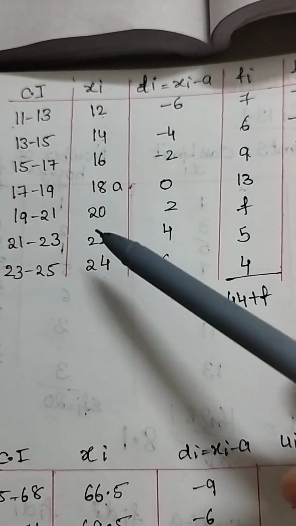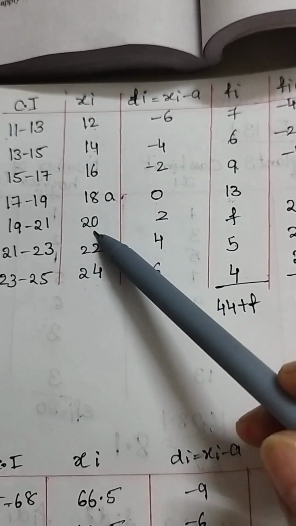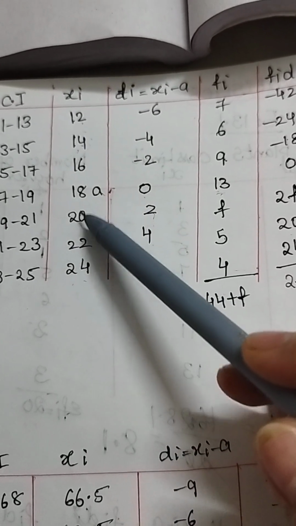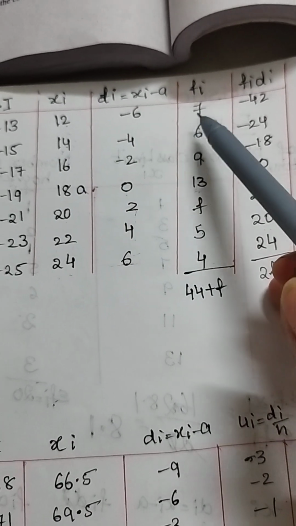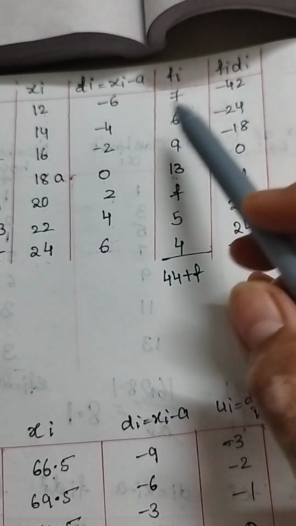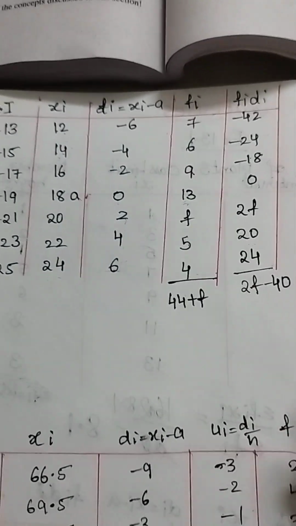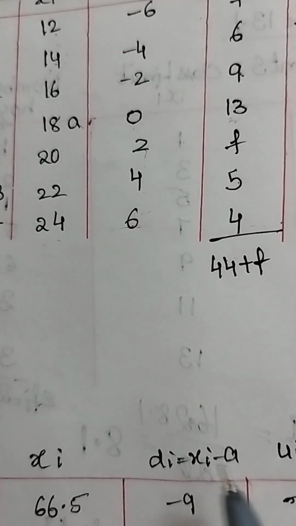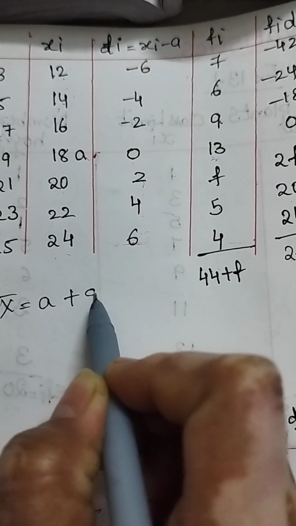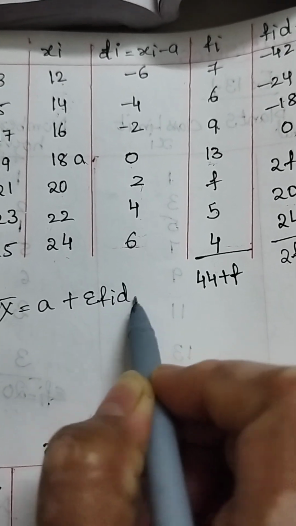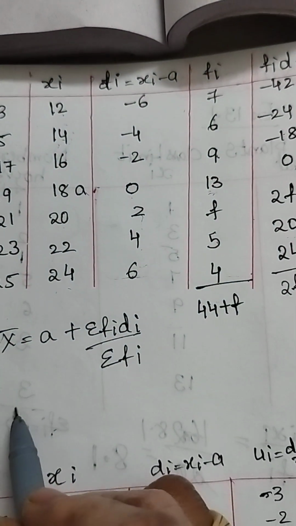Next, deviation. I took A as 18. Take deviation. This is 0. 20 minus 18 is 2. 22 minus 18 is 4. Like that I calculated. And I wrote fi and multiplied: 18, 0, 2F, and simplifying I got this answer. So write the formula x bar equal to A plus summation fi di by summation fi. The x bar value is already given, it is 18.